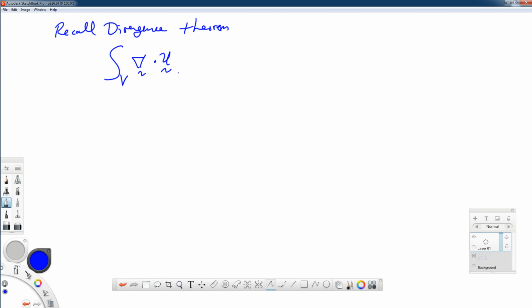But if we go del dot U dV, we can rewrite this as a surface integral of U dotted with the unit normal dS. Okay. All right, now let's say that this U has components u, v, and w. We can write this in terms of components as well, instead of in this kind of a direct vector notation.